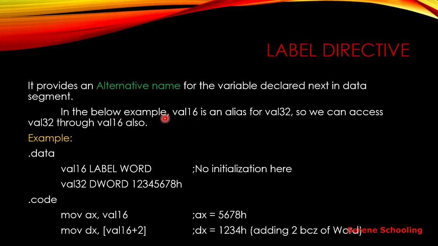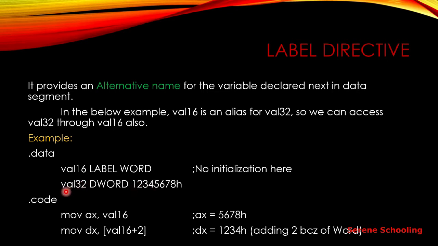In the below example, val16 is an alias for val32, so we can access val32 through val16 also. See here, inside our data segment part, where we usually do the declarations or initializations, this is my actual declaration or initialization of the variable.